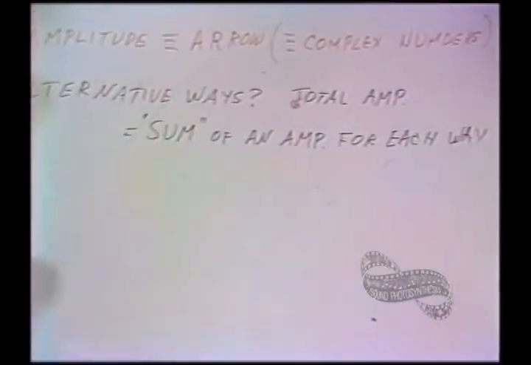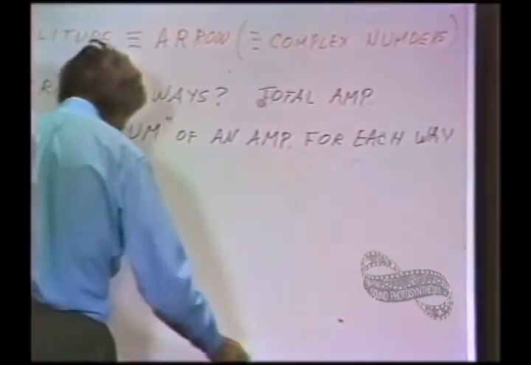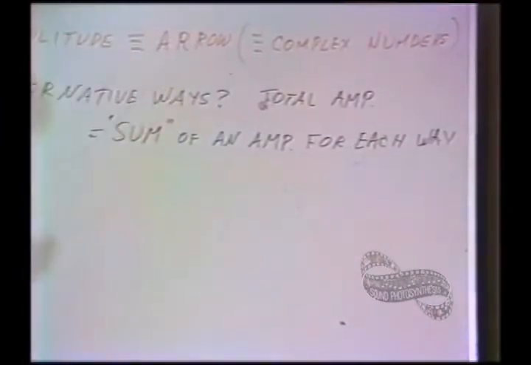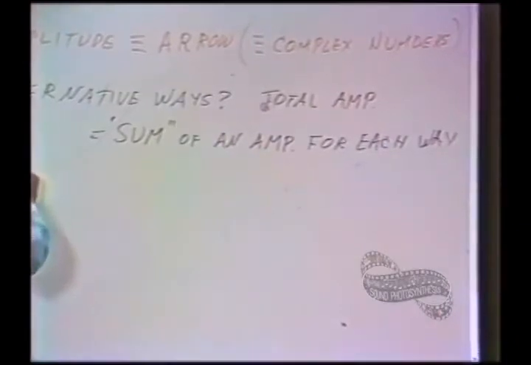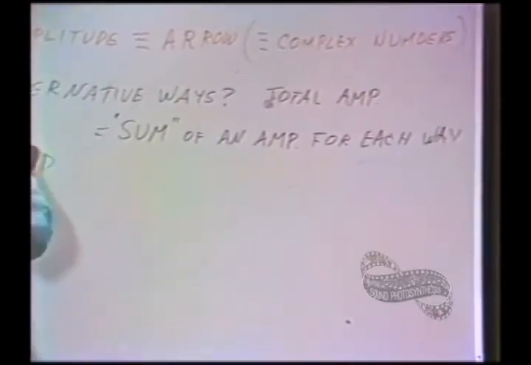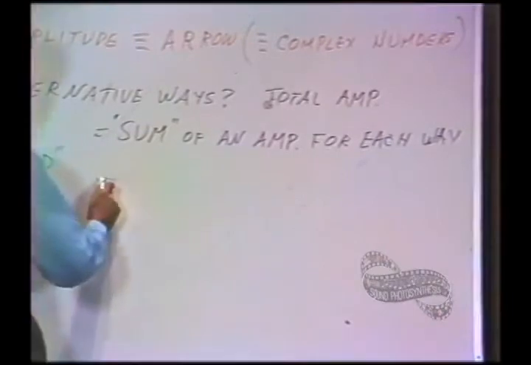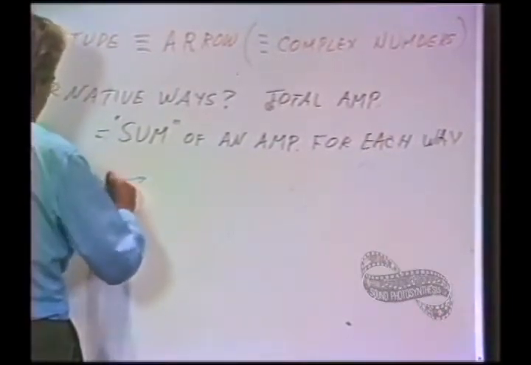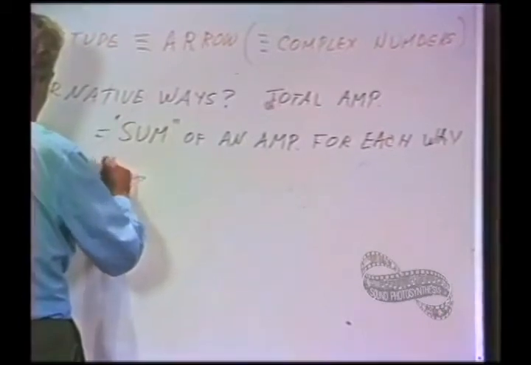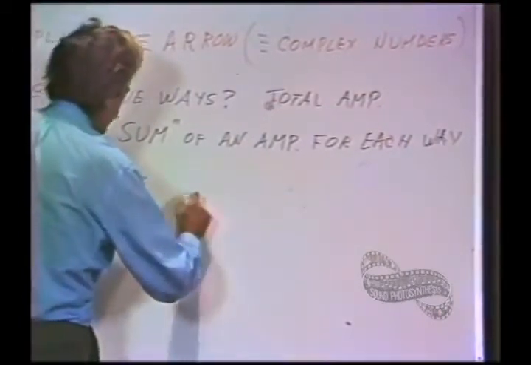Now the next step in this summary, I'm only making a summary, and you know all the answers. You were here the time before. How do we add? As follows. If you have an amplitude 1, then another amplitude 2, the way of adding them is to find out the net result.